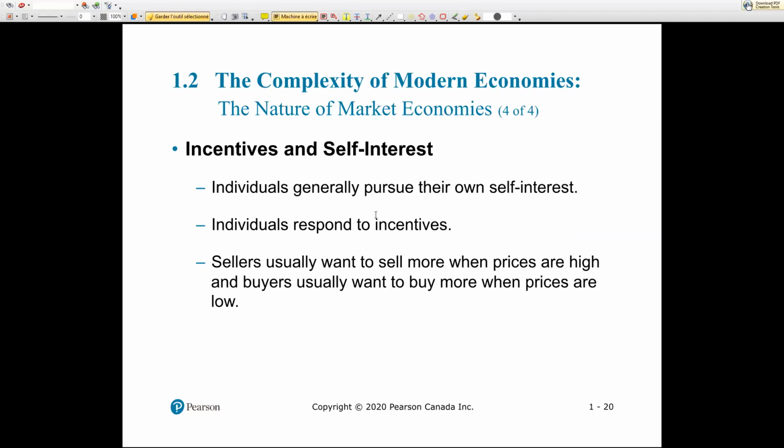And with that said, they can respond to incentives. So can somebody give me an example of an incentive? Publicity? Oh, yes. A government tax break if you are starting a company in a specific field. Yes, and subsidies. So that's what we mean by incentive.